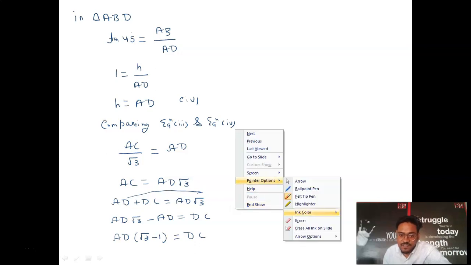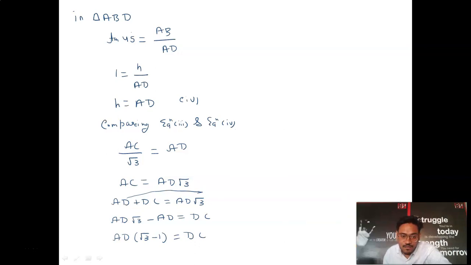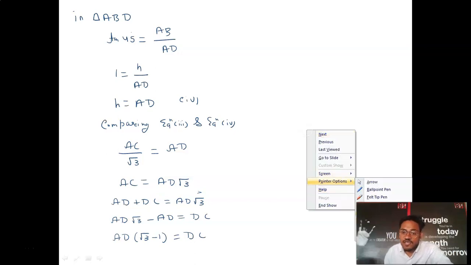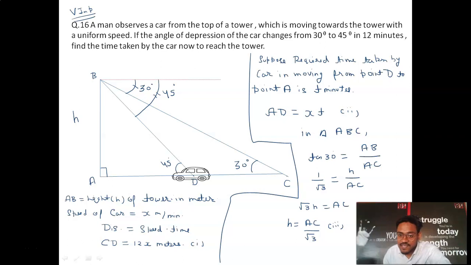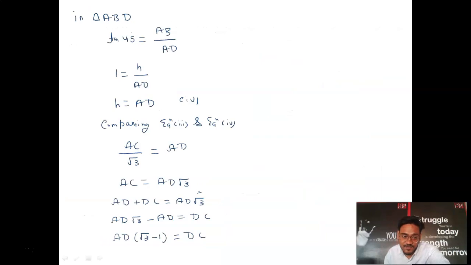Now it's time to get the answer. I have already calculated AD and DC in terms of x and t. At the place of AD I can write xt from equation number 2, and at the place of CD I can write 12x. So DC is equal to CD, there should be no confusion in it.